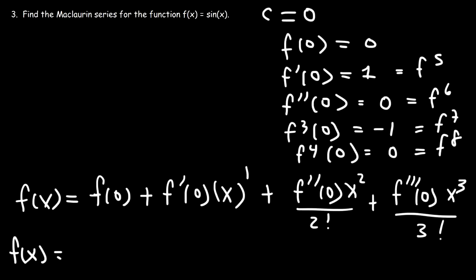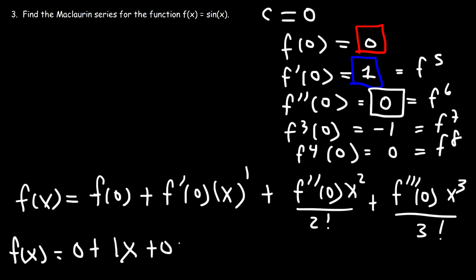So f of 0, we could see that it's equal to 0. And then f prime of 0, that's equal to 1. So we're going to have 1x, and then plus f double prime of 0, which is 0. And then the third derivative is equal to negative 1.